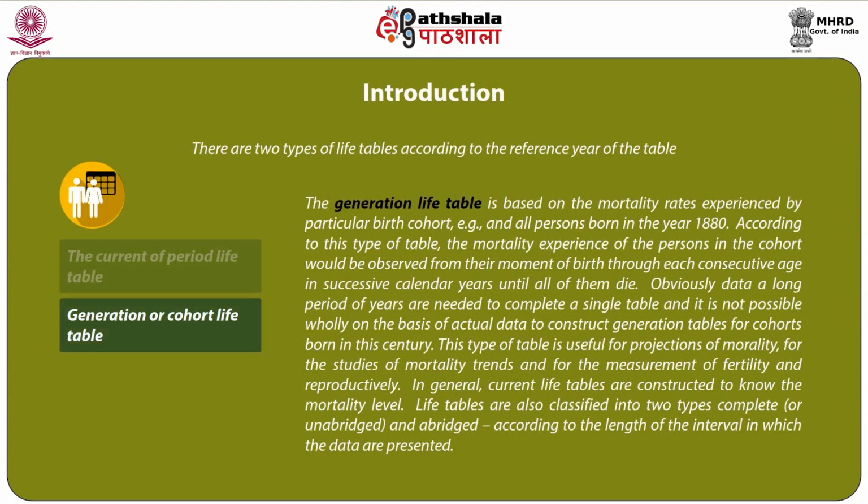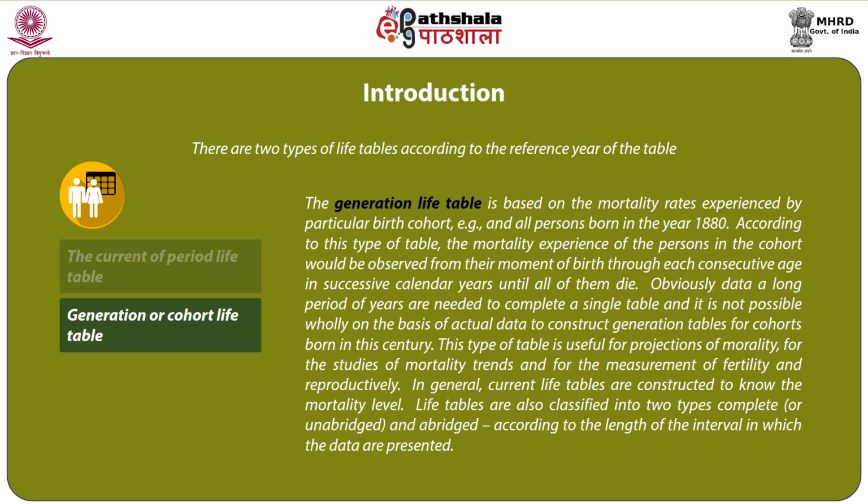The generation life table is based on the mortality rates experienced by a particular birth cohort, for example, all persons born in the year 1880. According to this type of table, the mortality experience of the persons in the cohort would be observed from their moment of birth through each consecutive age in successive calendar years until all of them die.